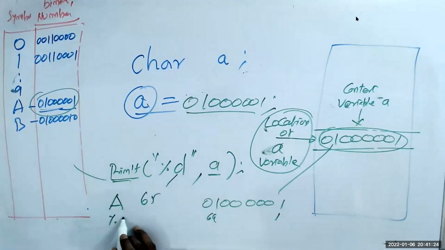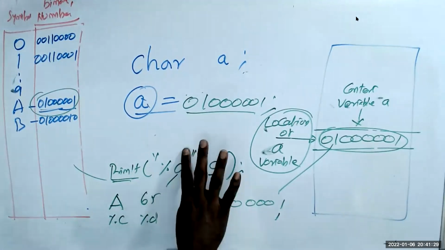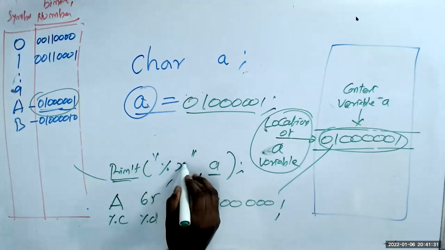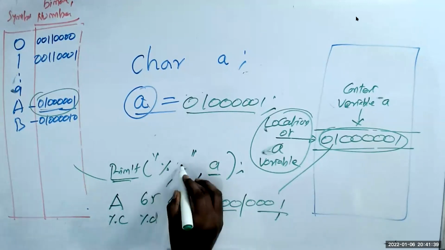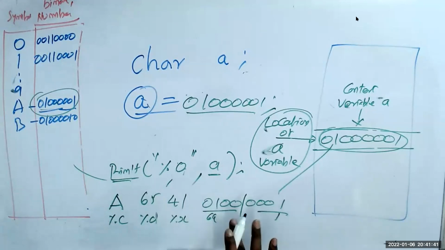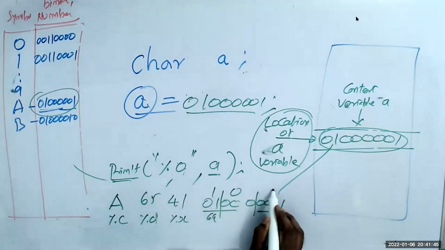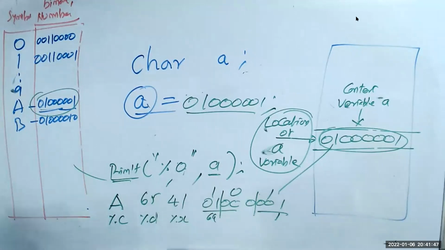If you put percentage X, it will calculate the hexadecimal 41. If you put percentage O, it will divide this into groups and give octal 101.